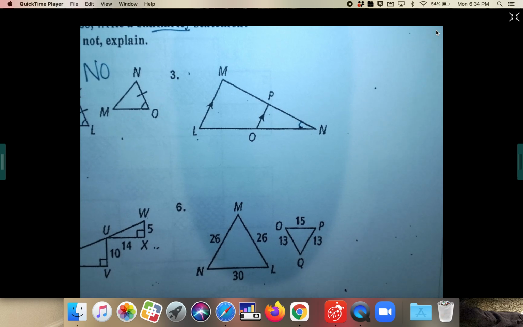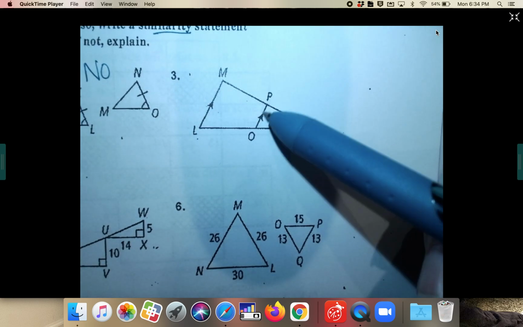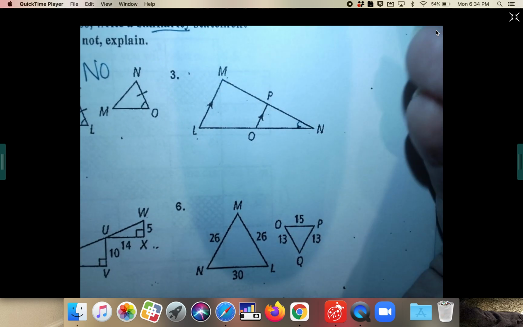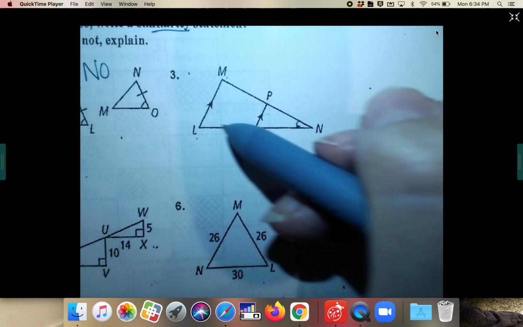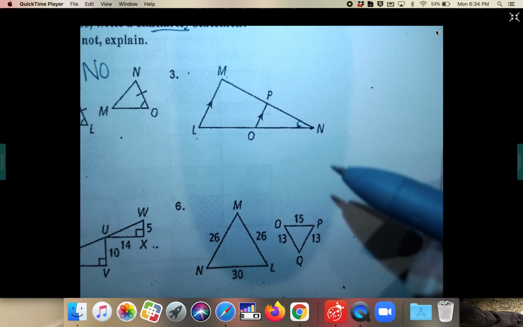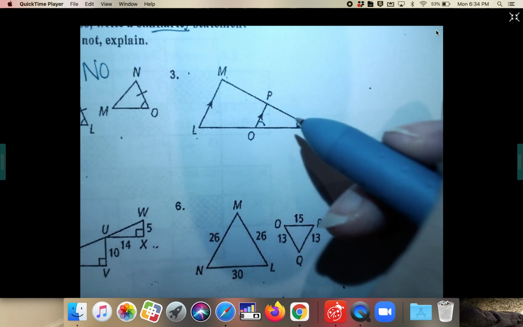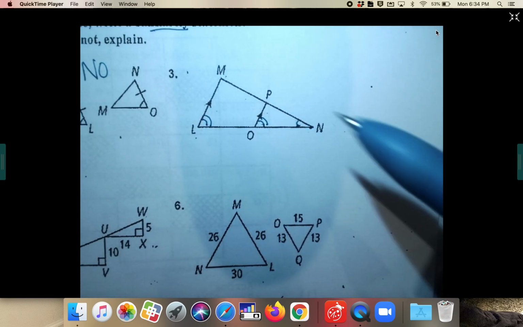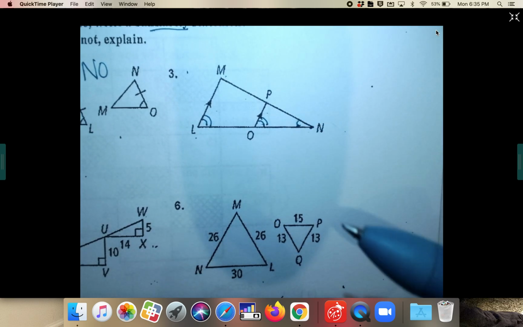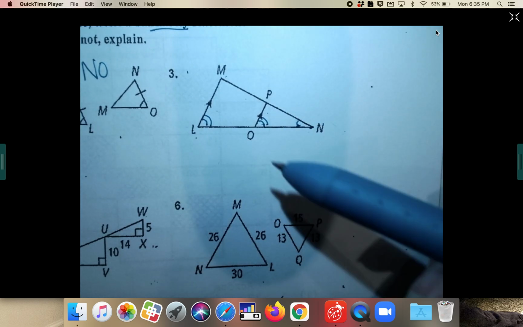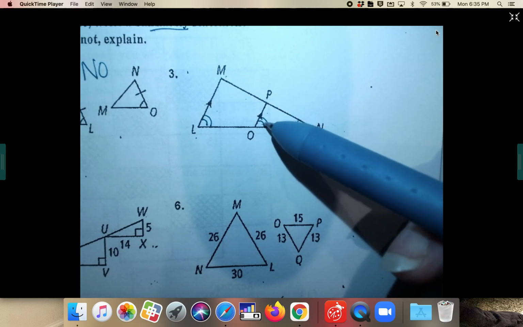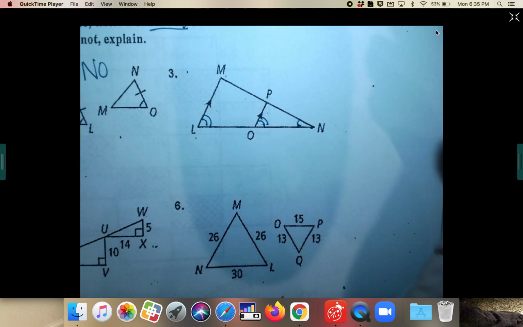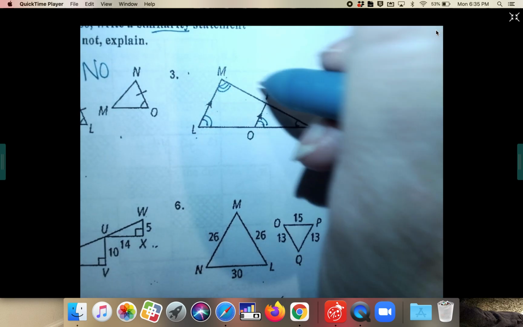The parallel lines do something interesting. So the parallel lines, this is another new thing. If you have parallel lines on the same triangle that meet in the same point, you have a very interesting thing that forms congruent angles in their corners. This is like corresponding. If you remember that from when you have two parallel lines, you have corresponding angles. And then that would be the same thing down here as well.